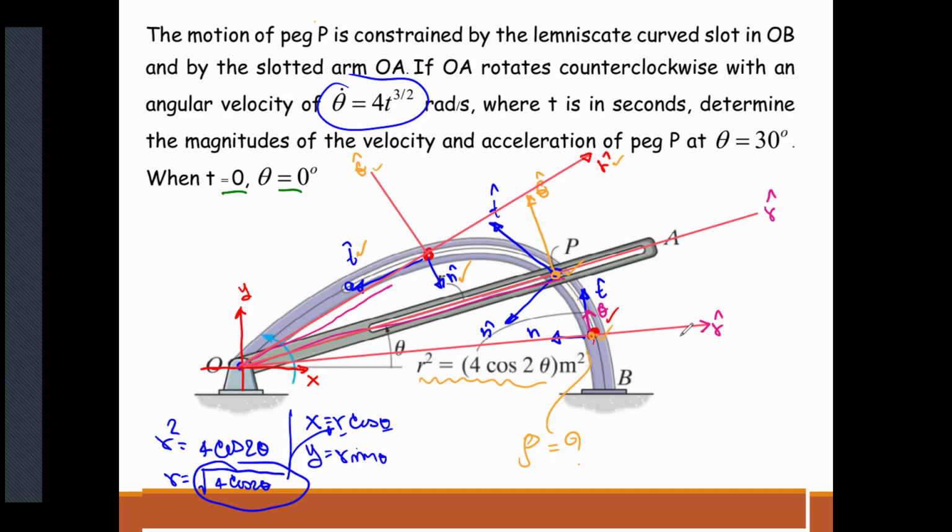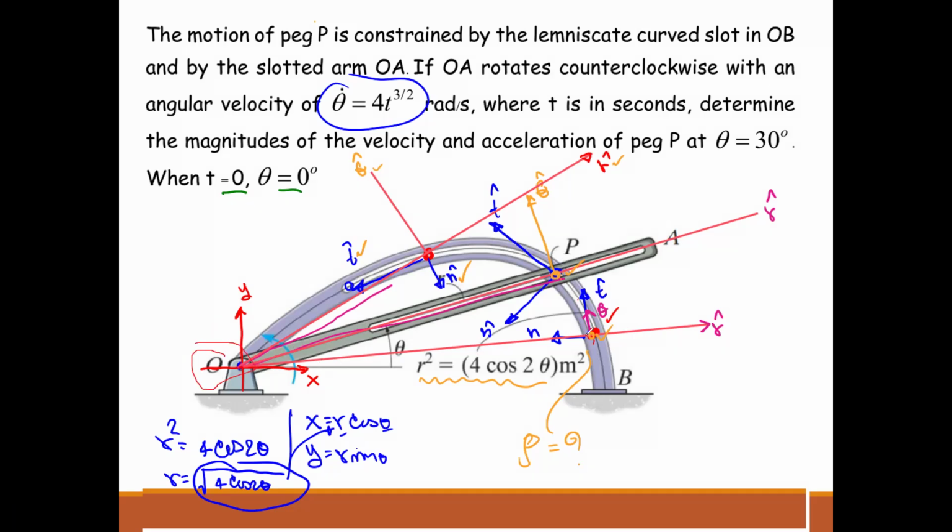From this point, R and N may match each other in line, but R goes out from the origin O, while N goes inside toward the center of curvature. When it moves to this point, you see that R always goes out from the reference point O, but N is always toward the center of curvature of the curve at this point.